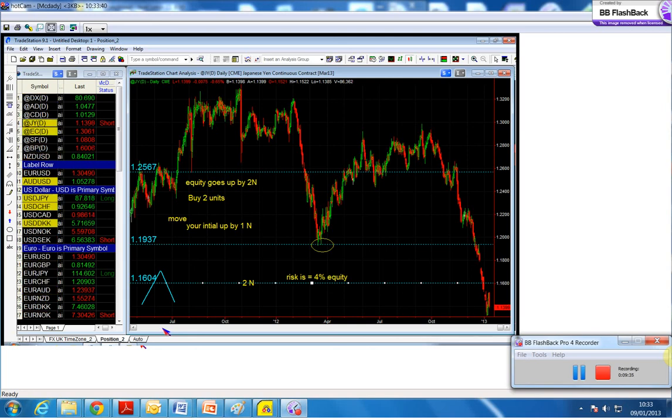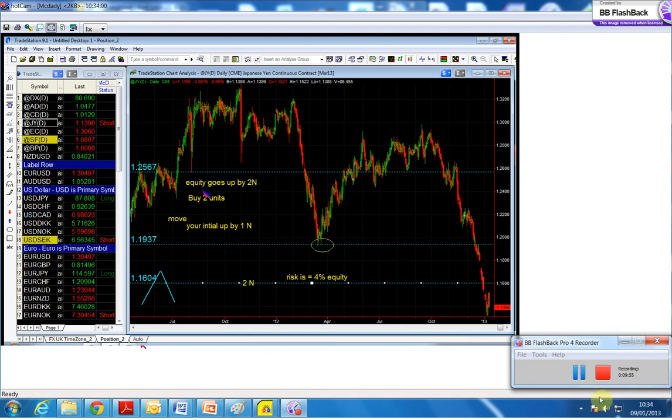Every time you add a position, you are raising your stop, up until the final position at the peak. All this distance from here is protected because you're moving your initial stop by 1N all the time.